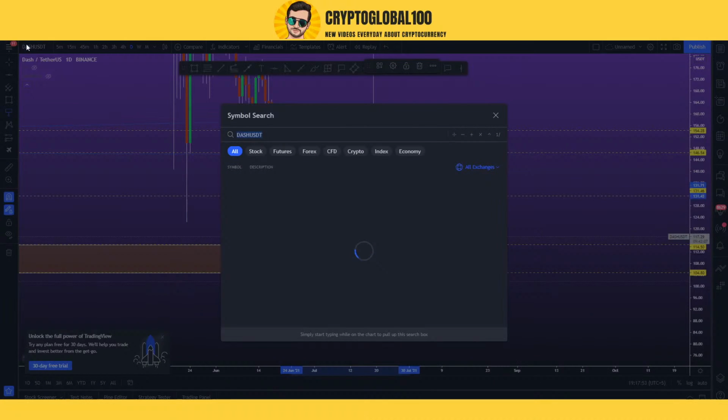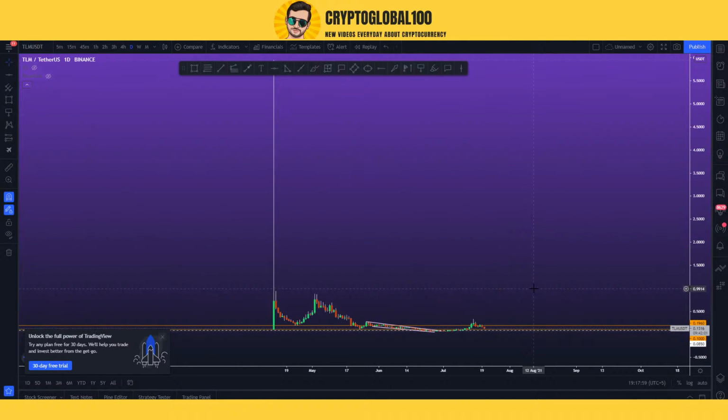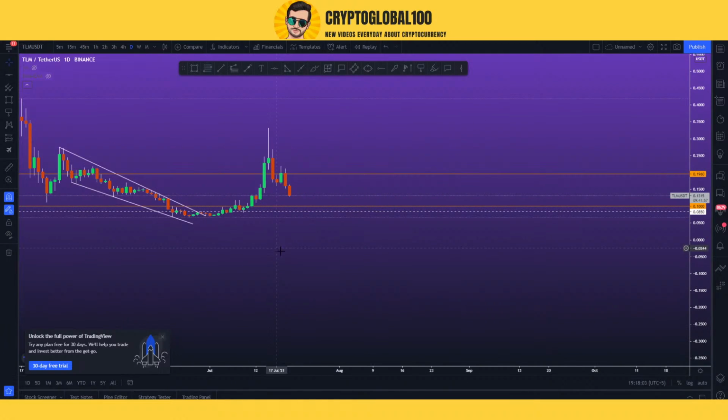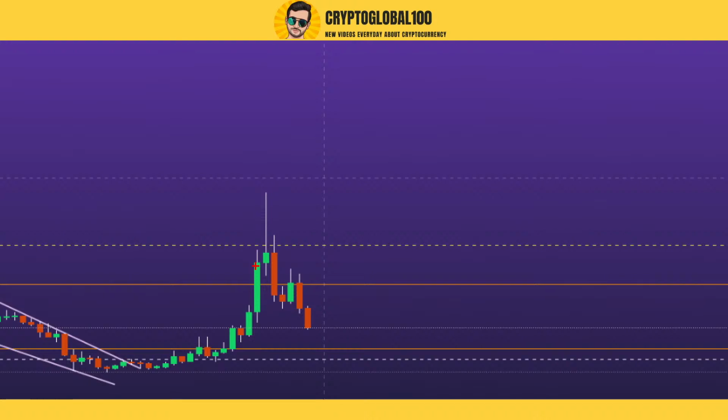Okay, let's take a look at the TLM. This coin has been in the trend for so many days, but again you see the price tried to break the level. If we can't break this level, we are not going down, we're not going up.